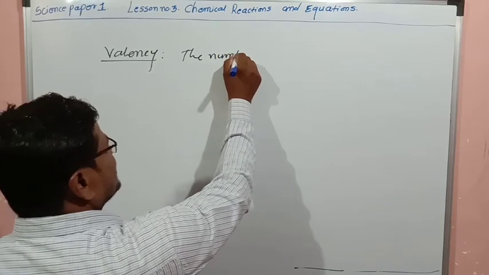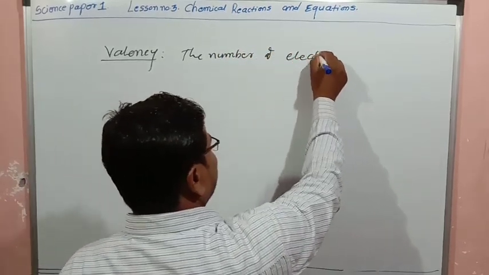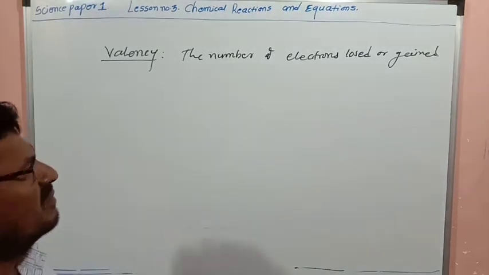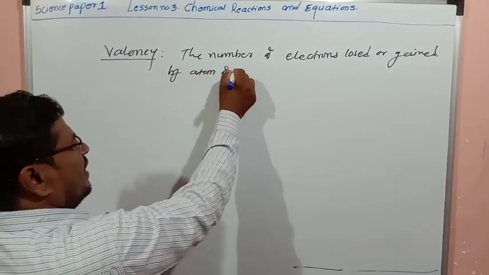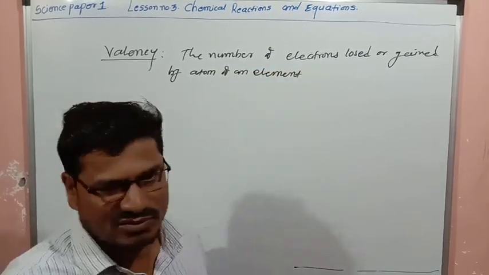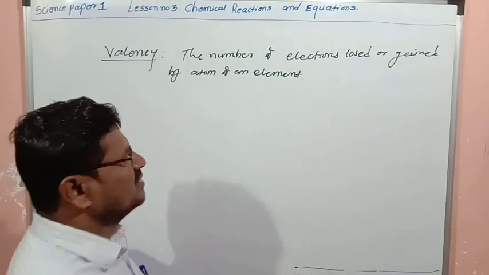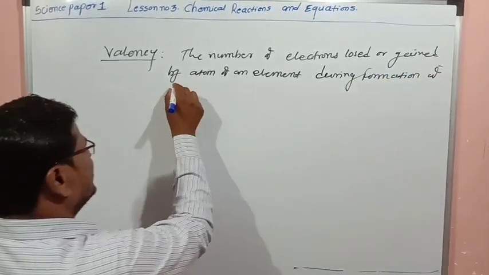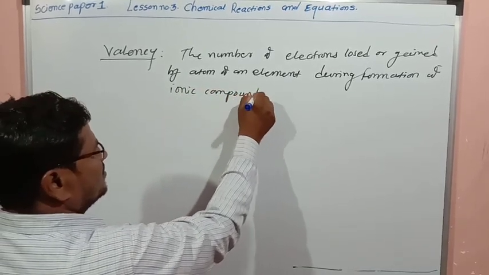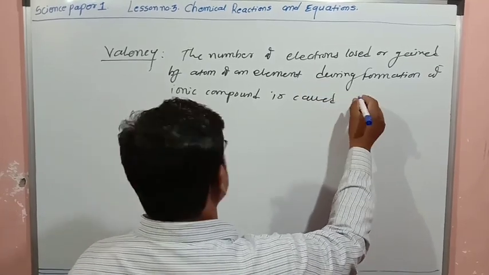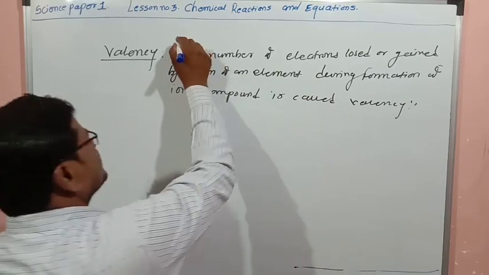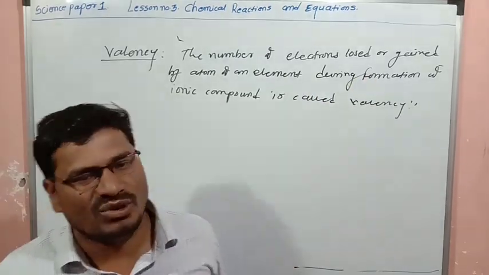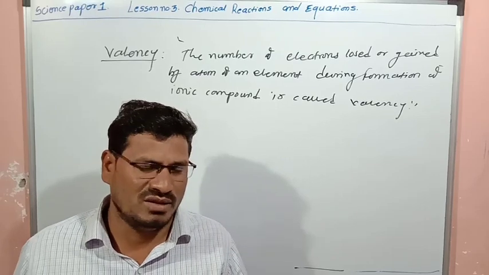The number of electrons lost or gained by an atom of an element during the formation of an ionic compound is called valency. Valency is a basic term.